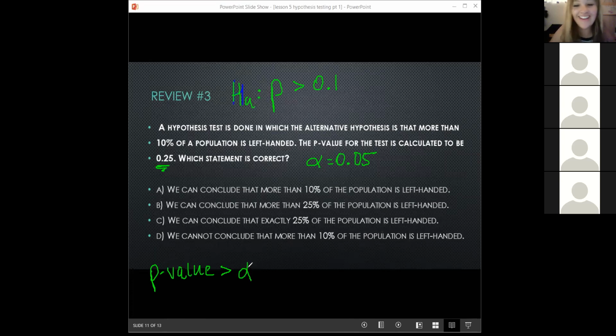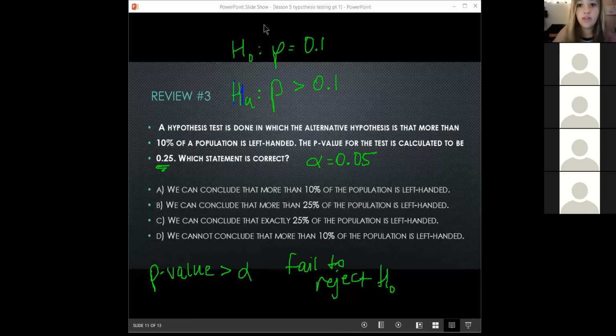Sorry, that took me a second. Is greater than alpha. So in that case, that means that we're going to fail to reject the null. And our null would be that 10% of the population is left-handed, so p equals 0.1. Okay, so in this case, we're failing to reject the null, so we're still assuming that this is true.